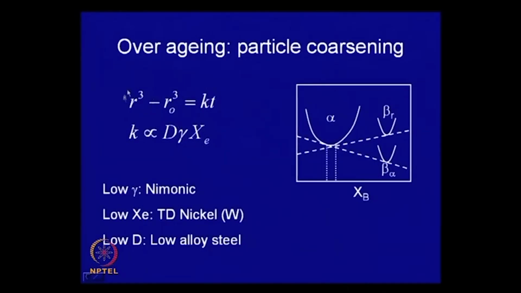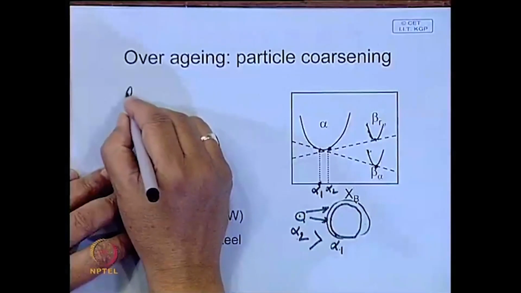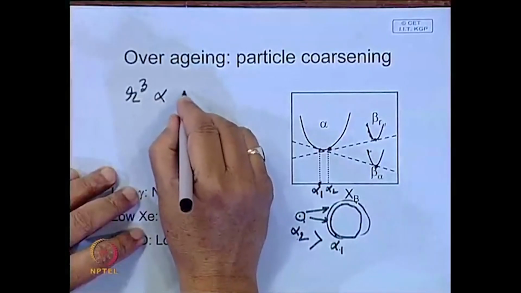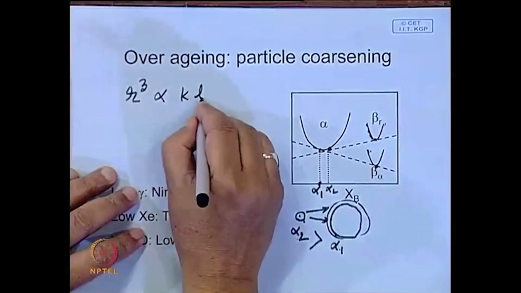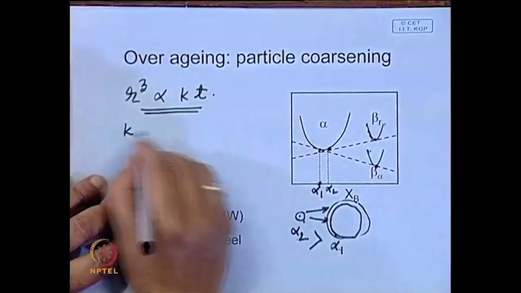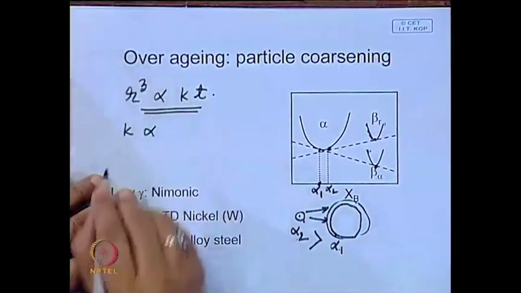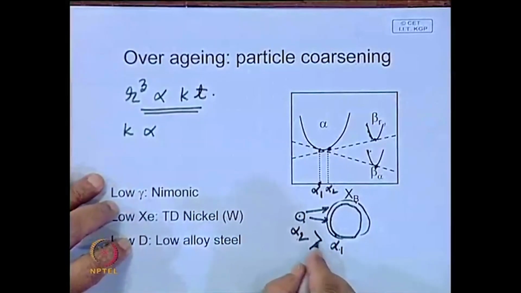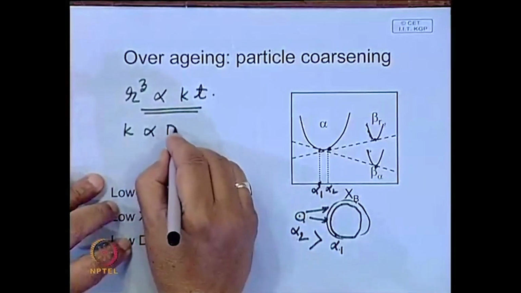This is the radius of the precipitate, and this is the original initial precipitate size. So, that means r cubed is proportional to a constant times t, and k, the rate constant, is proportional to these factors. Definitely the diffusivity will play one important role.